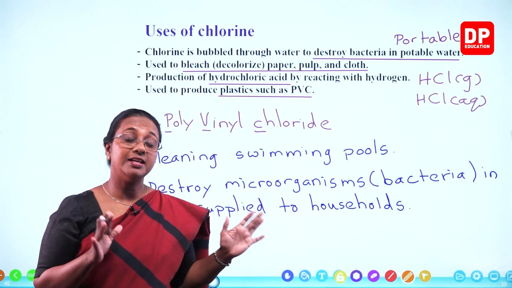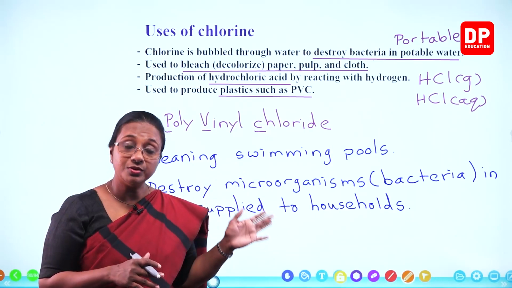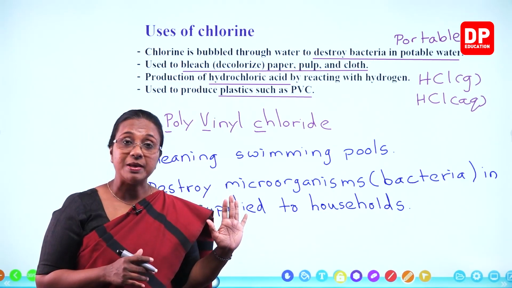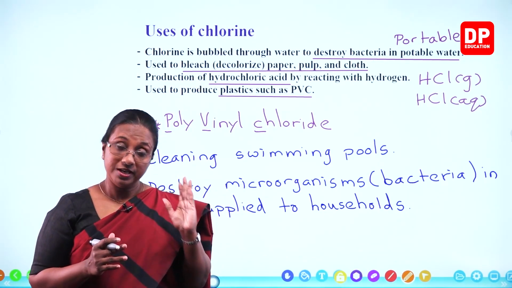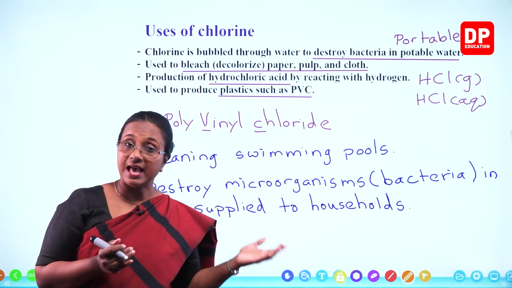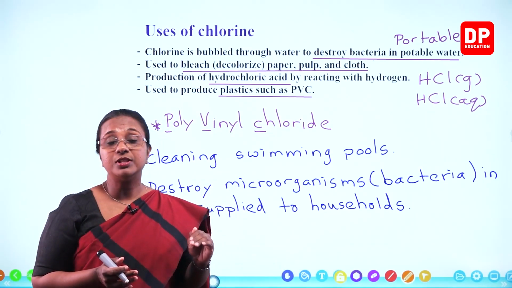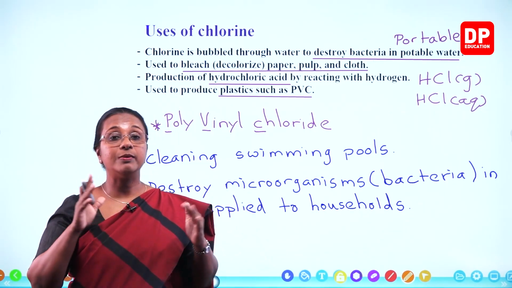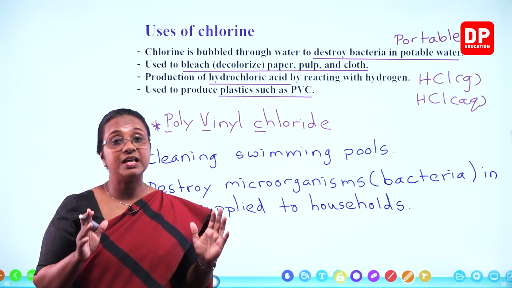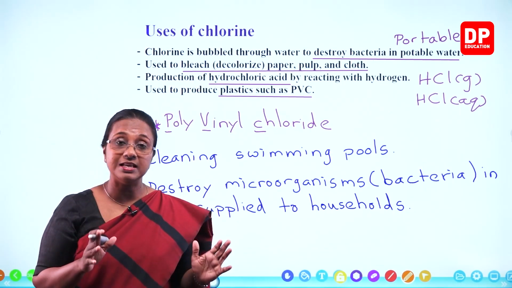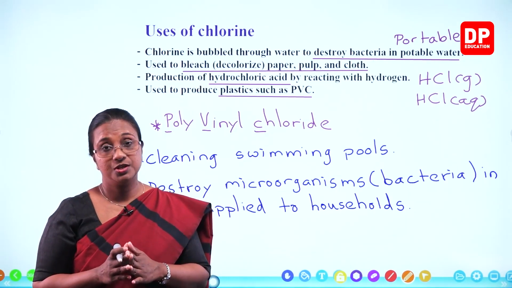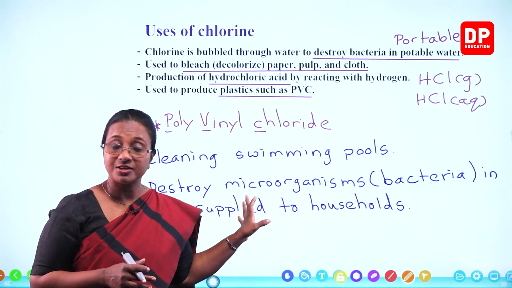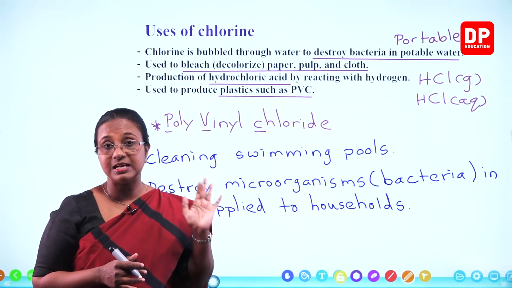And this process is carried out in a Downs cell. You all need to know to label the parts of the Downs cell, and also you should remember that during the process, calcium chloride is added to sodium chloride to bring down the melting point. And also to prevent the mixing of liquid sodium with chlorine gas, a circular steel perforated diaphragm is used. So these are all points that you need to remember related to extraction of sodium metal in the industrial manner.